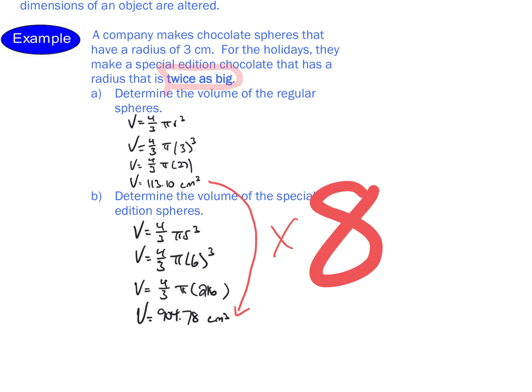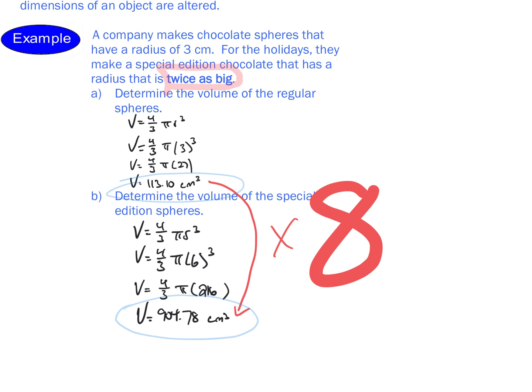Now, it doesn't ask us how much bigger does it get. But if you want to answer that question, all you need to do is take the volume down here and divide it by the volume up there. And what you're going to get, I believe, is probably something like 7.9999999 or something like that.